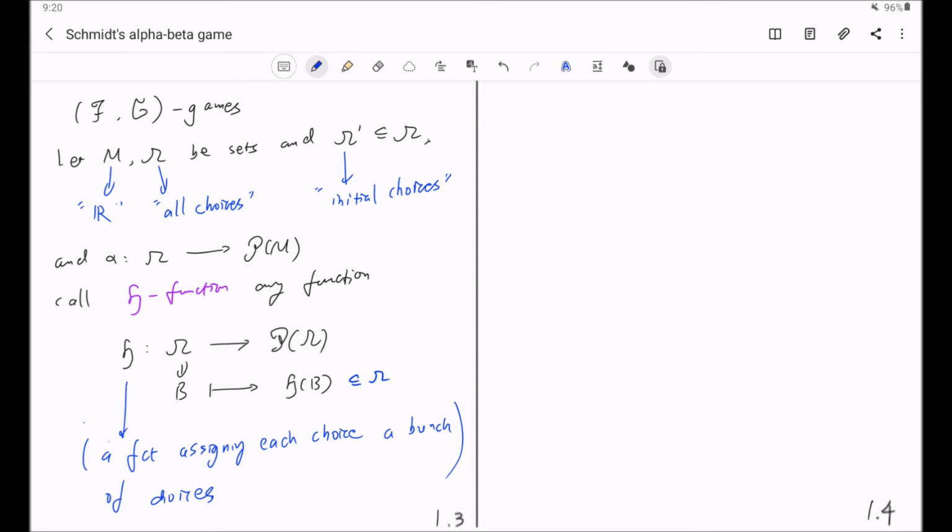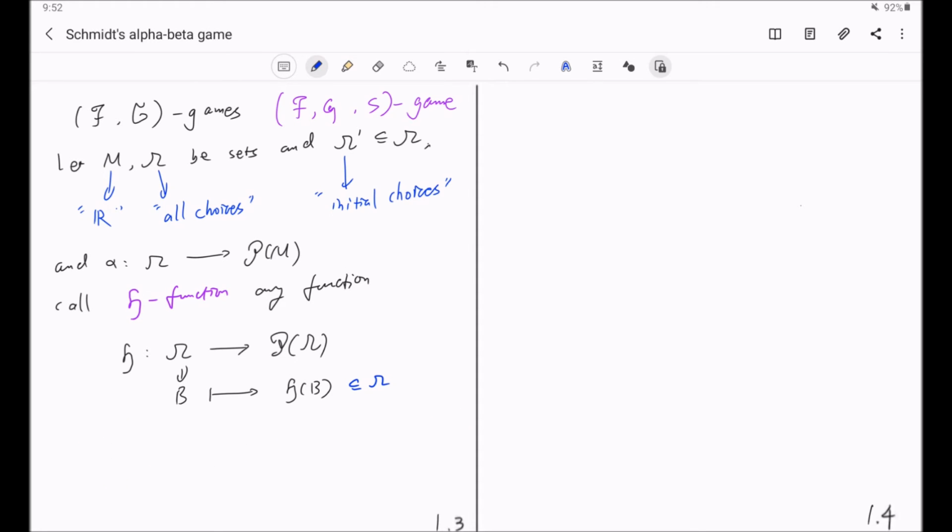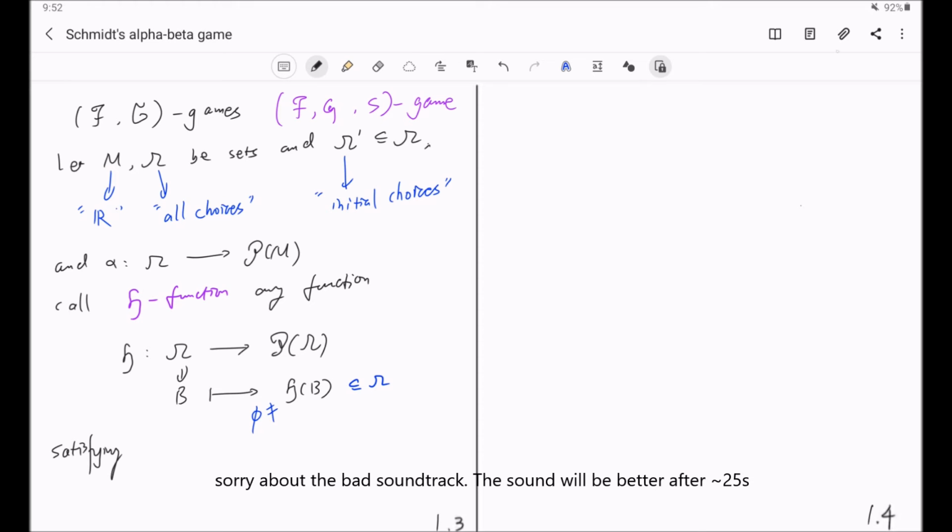It's something like this. You also assume H of B to be non-empty. And H is any such function satisfying, for C in H of B, alpha of C is always contained in alpha of B.